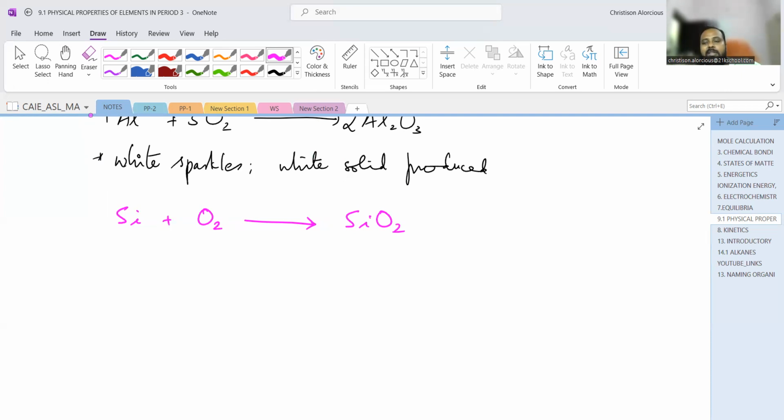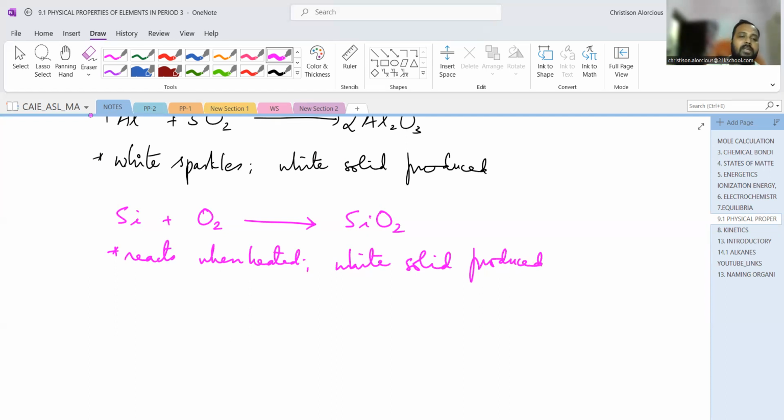There is one amorphous, white, powdery form of silicon which burns spontaneously at room temperature when exposed to air. The data on silicon is very varied, but as far as your syllabus is concerned, it reacts when heated. Silicon dioxide is a white solid, and it doesn't react at room temperature, so we'll stick to that.